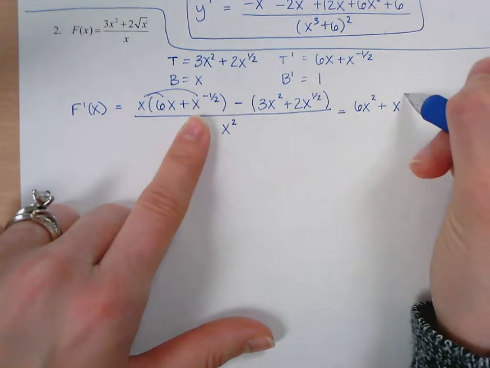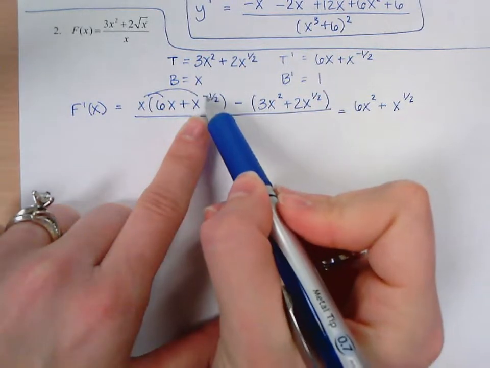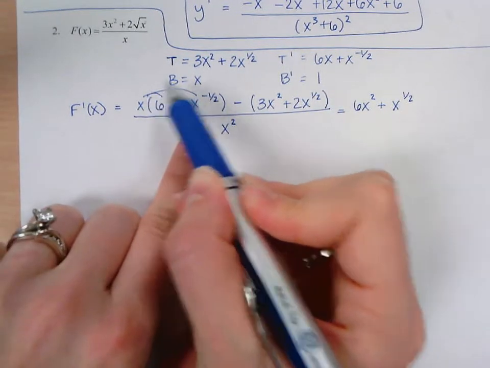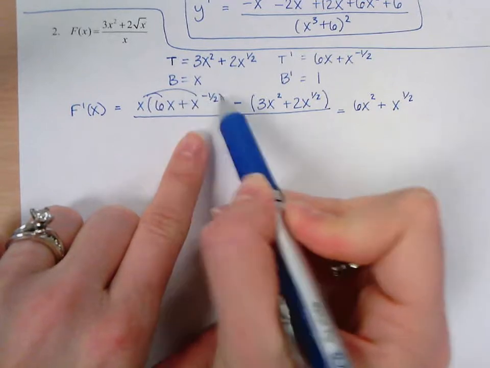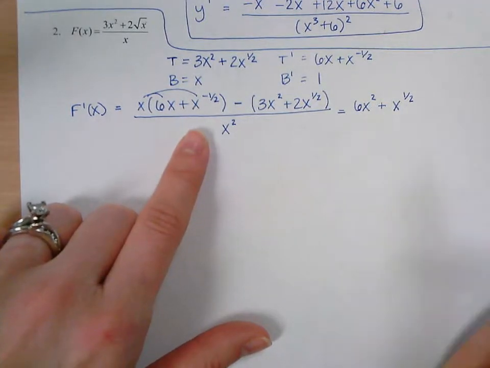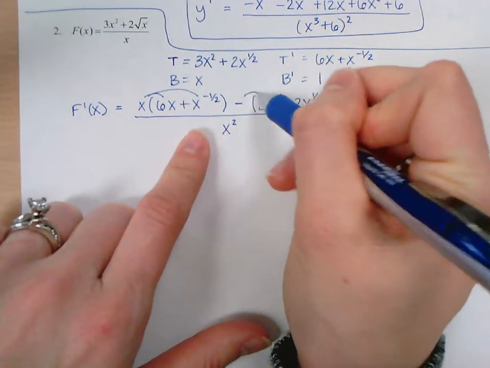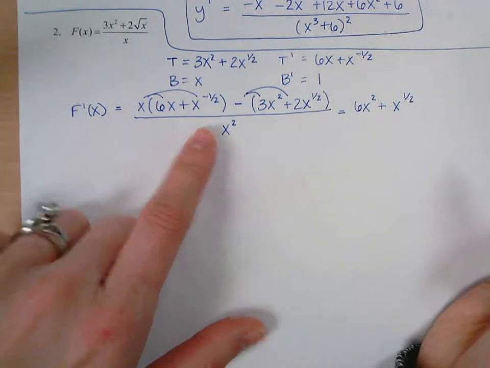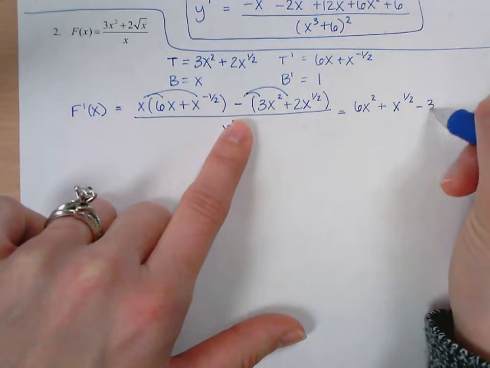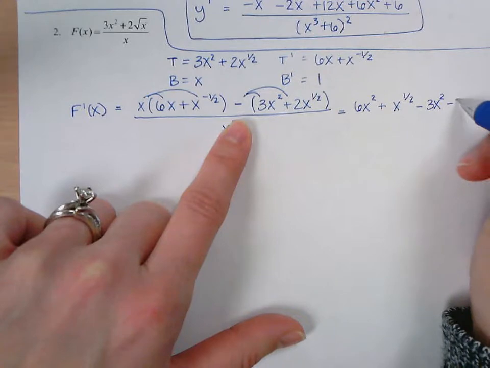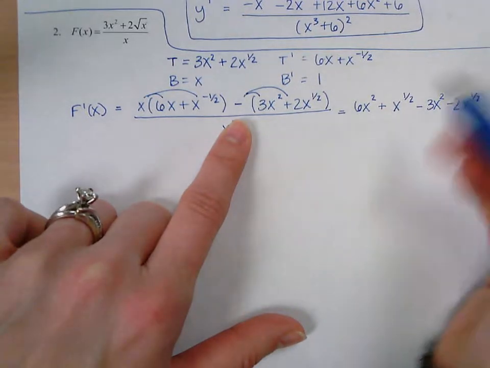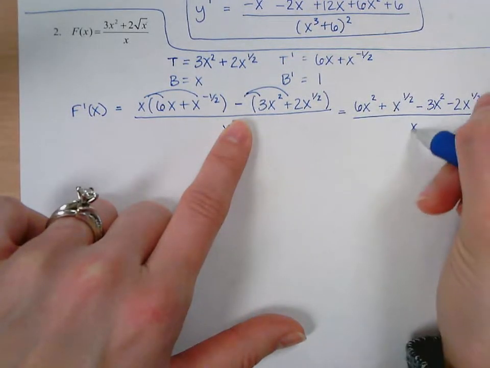It'd be x to the 1/2, because this 1/2 is negative. So it'd be 1 plus negative 1/2, so that would be positive 1/2. And then here, make sure you distribute the minus sign, distribute the negative. So it'd be minus 3x squared minus 2x to the 1/2 all over x squared.